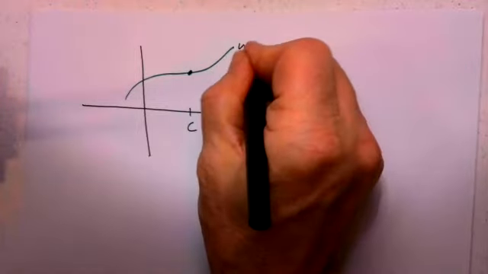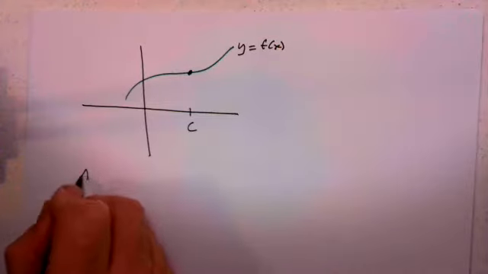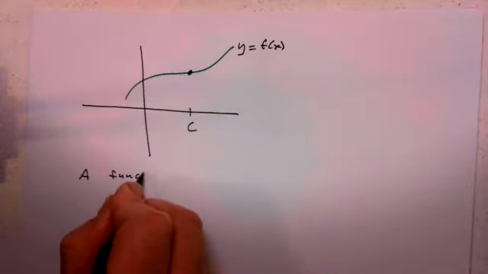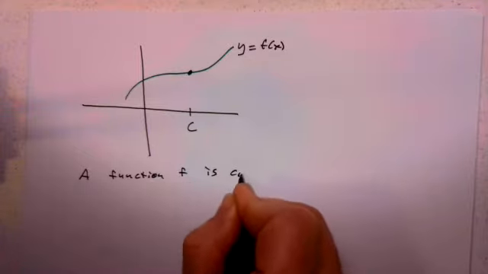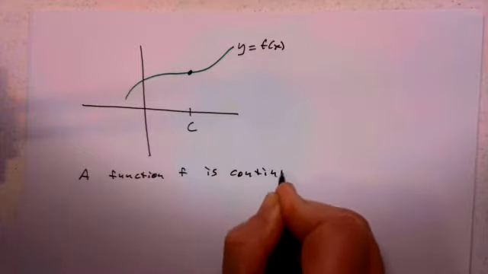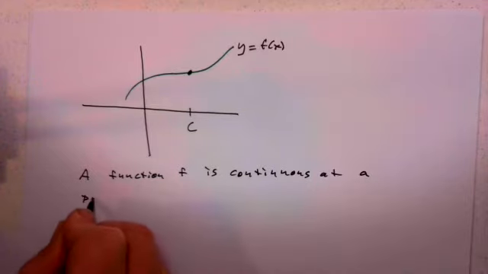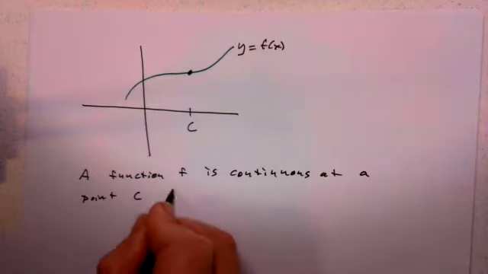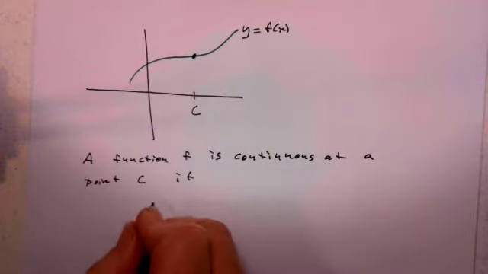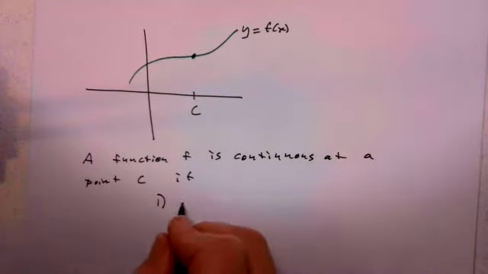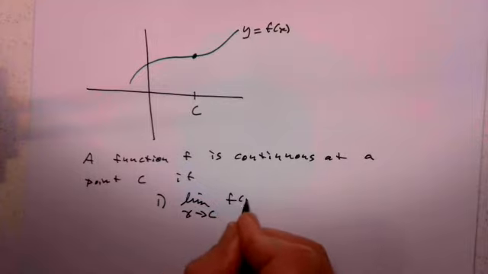So this function is y equals f of x. And what do we say? A function f is continuous at a point C if the following conditions hold. Number one, the limit as x approaches C of f of x has to exist.